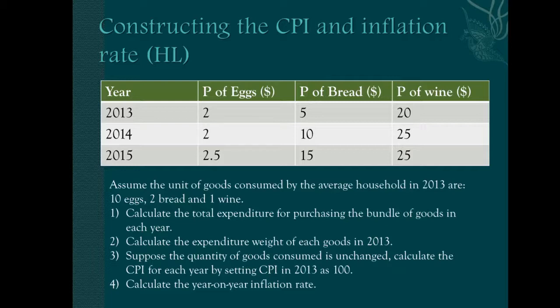I don't know why they put that in HL contents, because SL students still have to learn that, and then they put the calculation for HL only. It doesn't make any sense. So it doesn't really matter for SL students. Go ahead and do all four questions and see if you really understand the working of CPI.